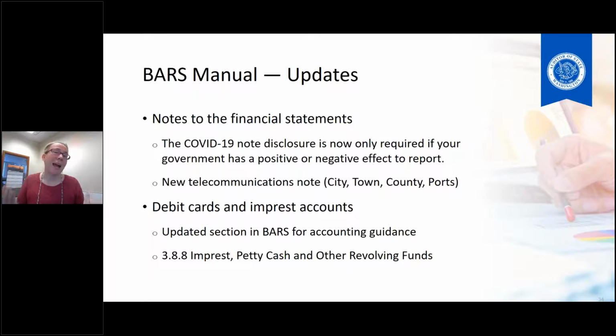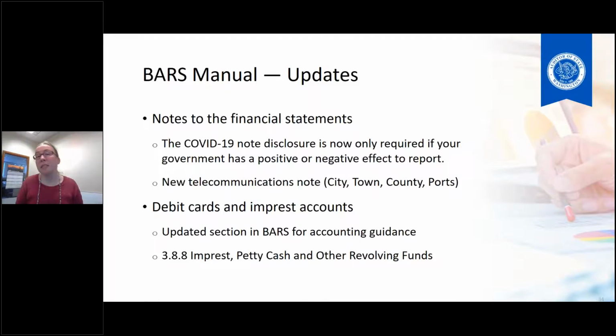And what we are asking is that governments review the continued impact of COVID-19 on their governments for any significant impact, either positive or negative. Negative, we tend to be able to dissect and understand for these impacts for financial statements.